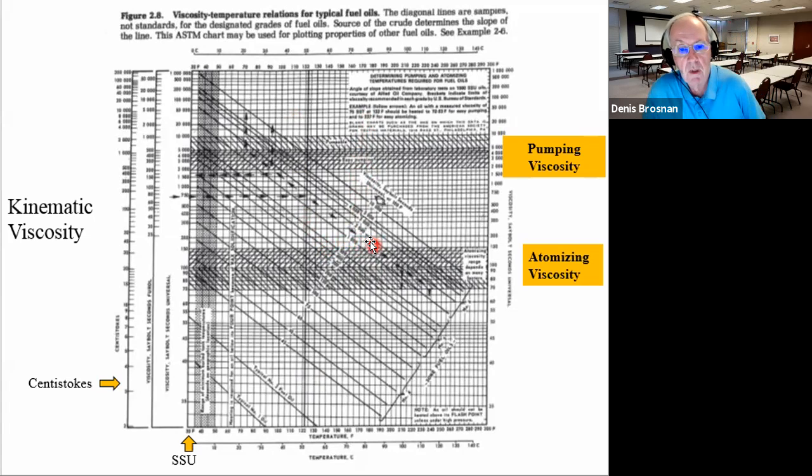atomize the oil. Now, oil is used less in the United States as a fuel today because of environmental regulations, but it's used as a backup fuel quite a lot. And I realize that some of you may be in European locations that use a lot of liquid fuels, and so you would be aware of viscosity versus temperature for liquid fuels according to your burner requirements.